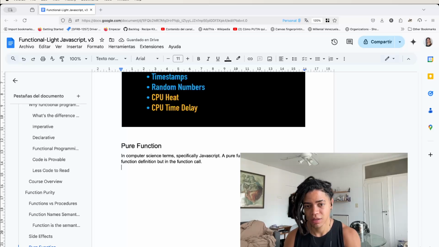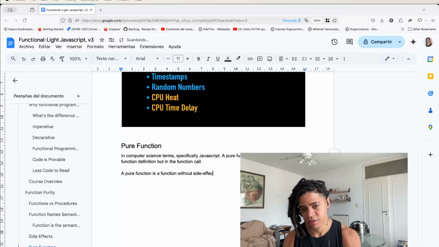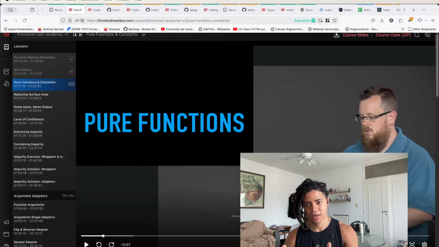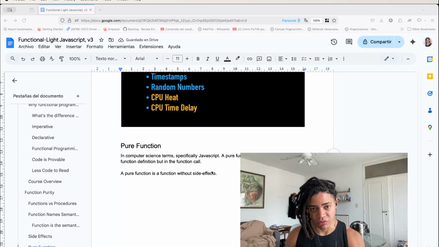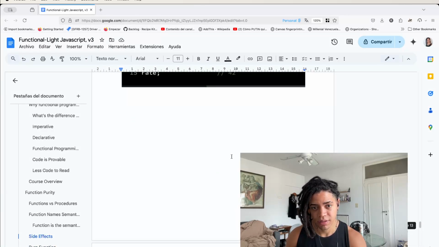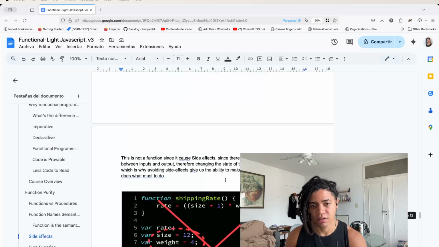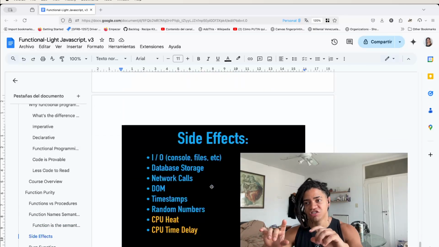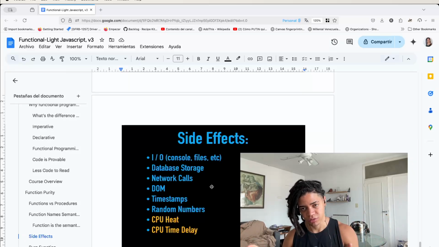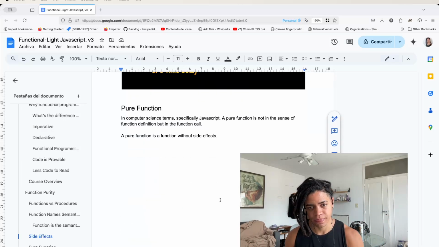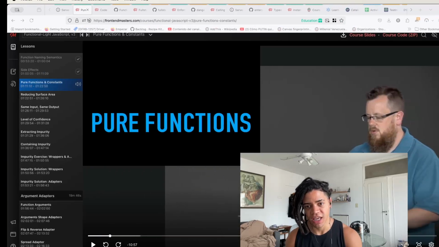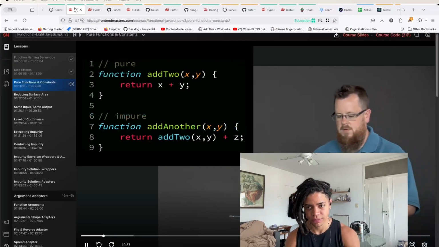A pure function is a function without side effects. That is, it is a function that doesn't change anything outside of that function. It doesn't mutate any state outside of this function.